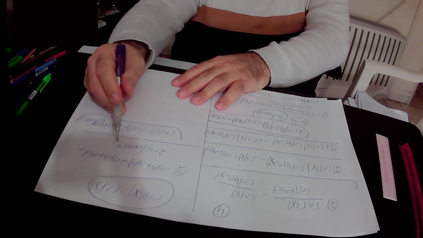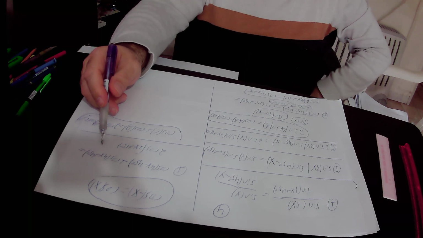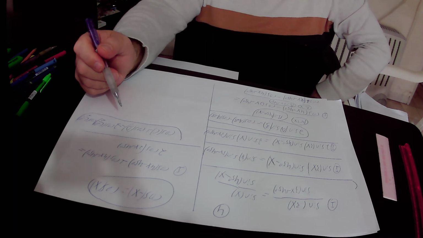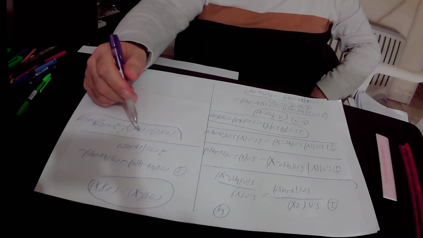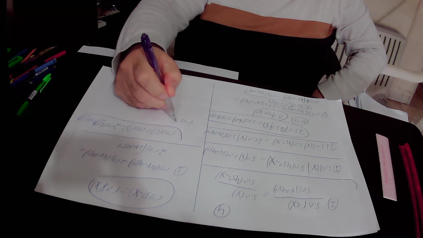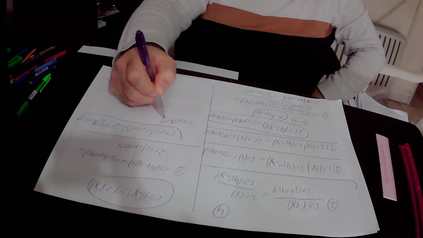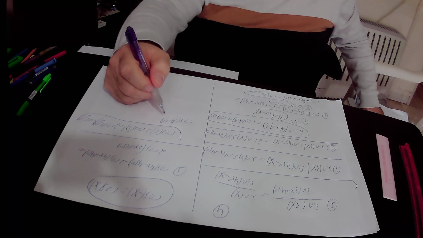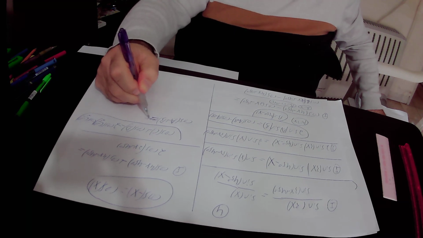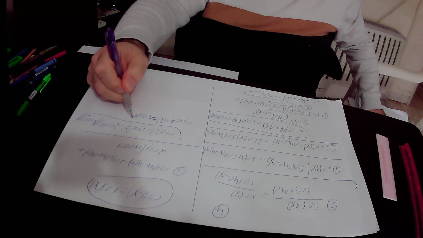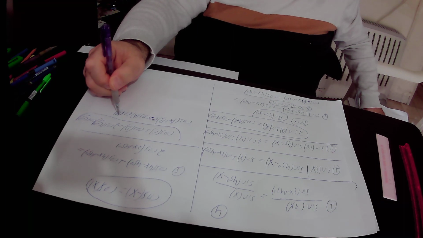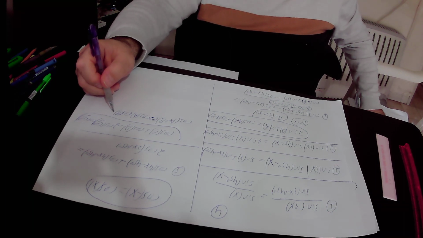And the expression 2 cosine 2x plus 45 degrees is very similar to the trigonometric identity that says that cosine A plus B is equal to cosine A cosine B minus sine A sine B.